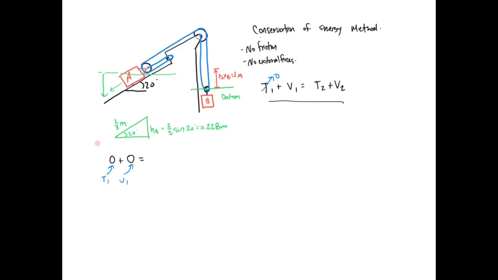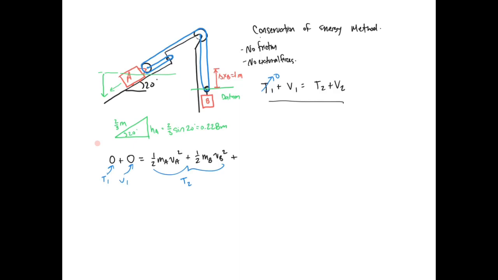That's going to be equal to our T2, so the kinetic energy at the second moment is going to be 1/2 mA VA squared plus the kinetic energy of block B at that point, 1/2 mB VB squared. This is our T2, and this will be plus our potential energy. The potential energy from block B: block B has moved upwards from its datum, so it has gained potential energy.